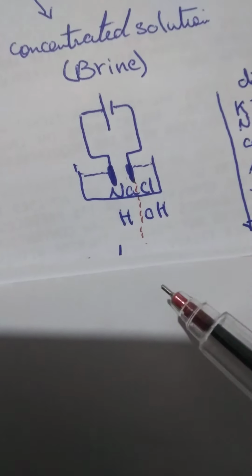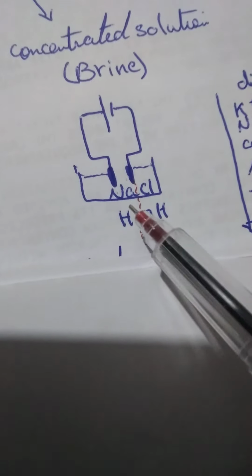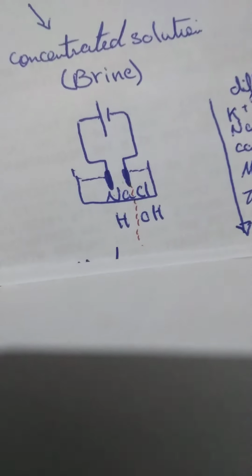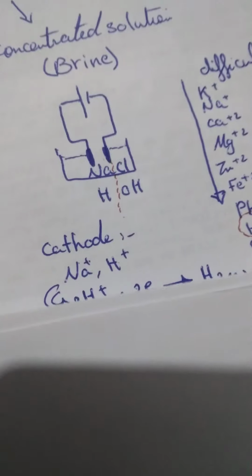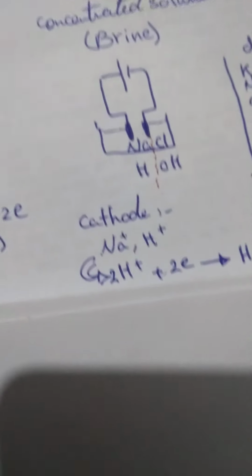Cleavage of both the sodium chloride and water molecules will happen here. So we will have sodium positive ions and hydrogen positive ions from the cleavage of water molecules. Both positive ions will migrate towards the cathode, but here only one kind will be discharged.